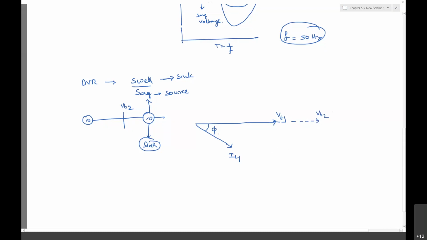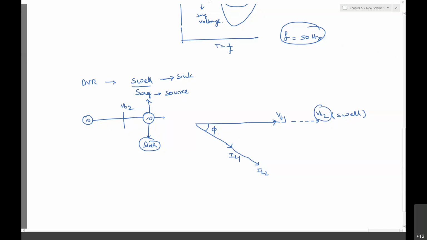The voltage VT2 is at the swell condition. Then obviously, if we consider a constant impedance load, it is going to increase the current on the load side also with respect to the VT2 voltage.